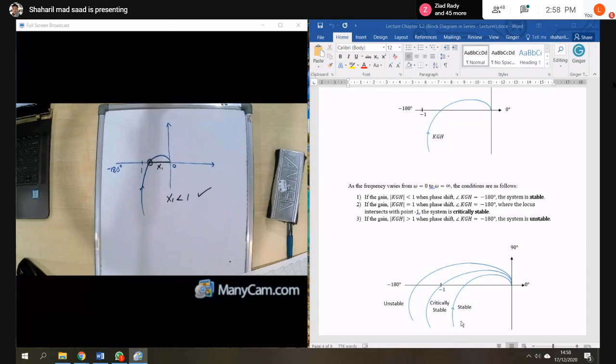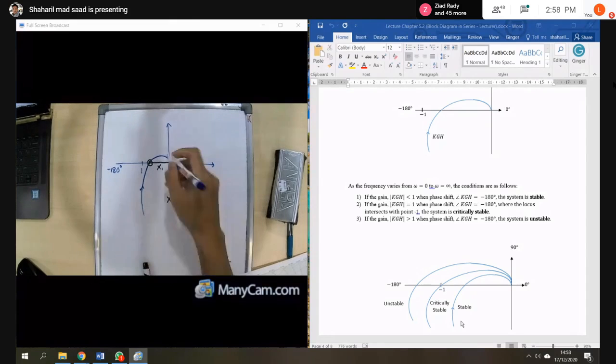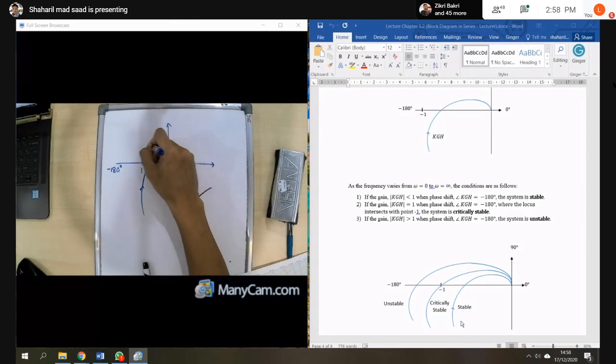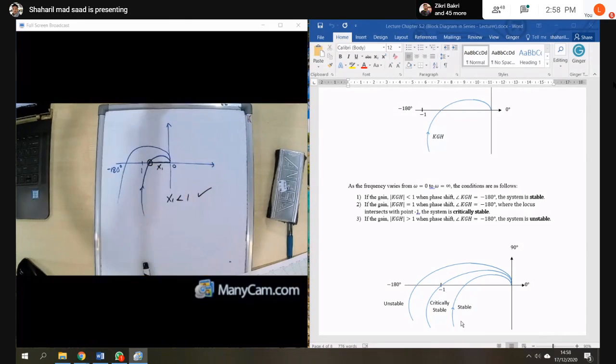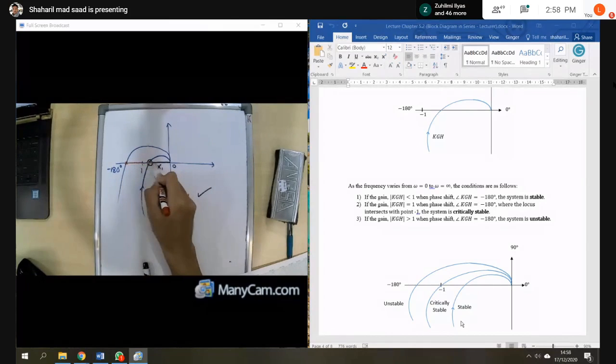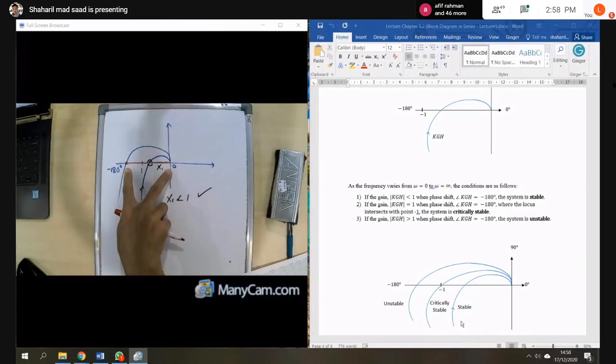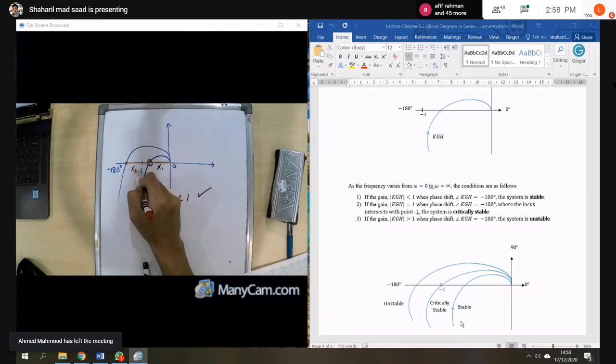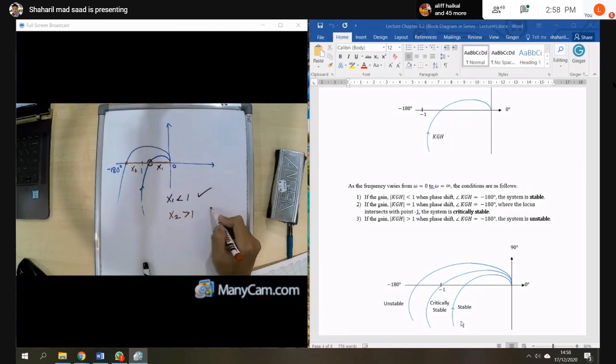And if you got a Nyquist diagram like this one, this line, I put it as x2. If x2 is more than 1, that means your system is not stable.